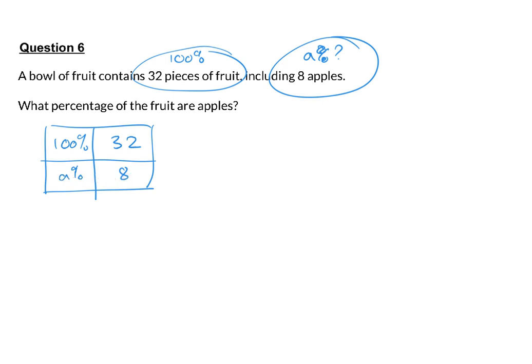And then the 8 lines up with the A. Now A is equal to the 2 diagonals I have divided by the other one. So A is equal to 8 multiplied by 100 divided by 32. And if you put that into a calculator, you will get the answer of 25%.